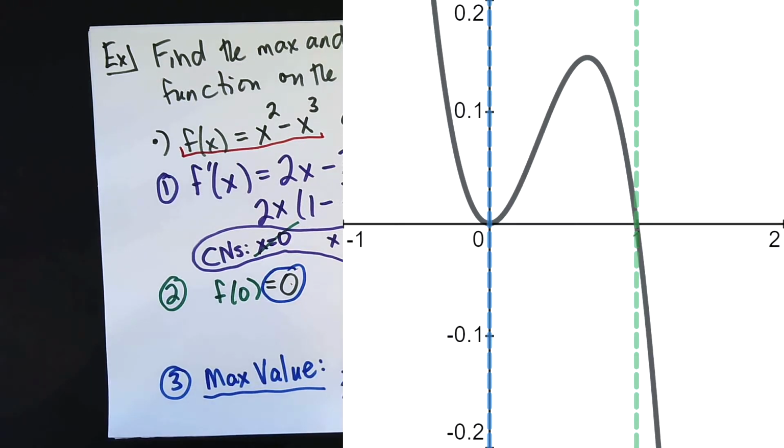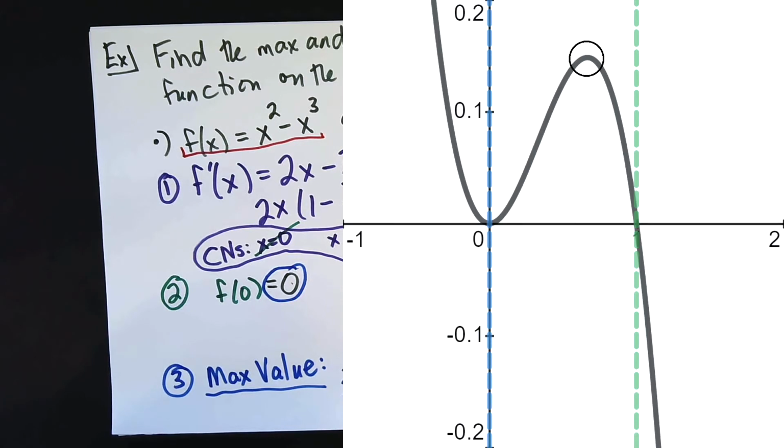And then, within the confines of just that part of the graph, I'm asking, hey, what's the highest output I get? If you look closely at the graph, you can probably see where that is. Namely, it is up here on the graph where I have circled. Now, from the work that we did, we know that that point must have x-coordinate 2/3, and that the value there must be 4/27.